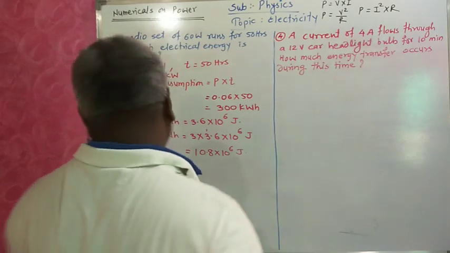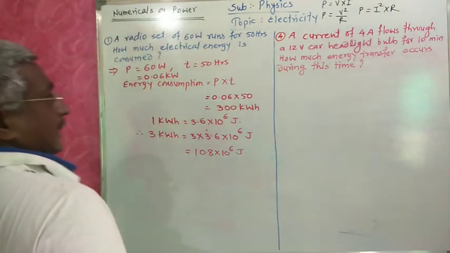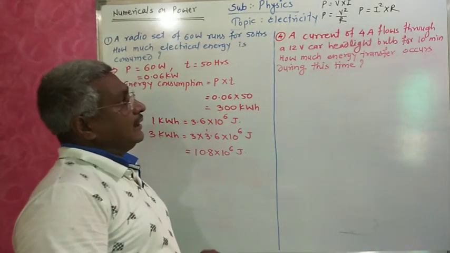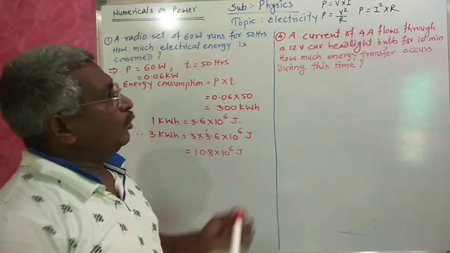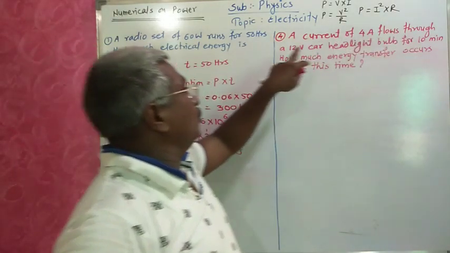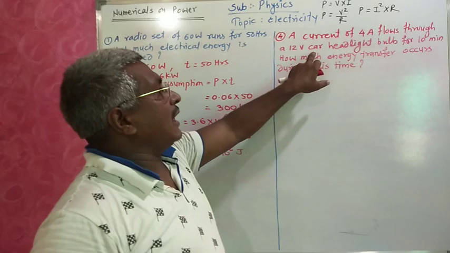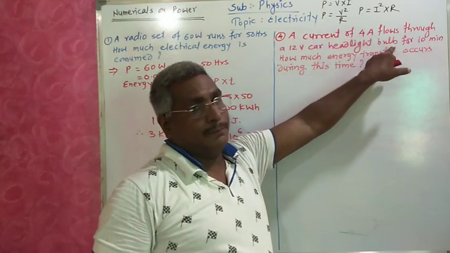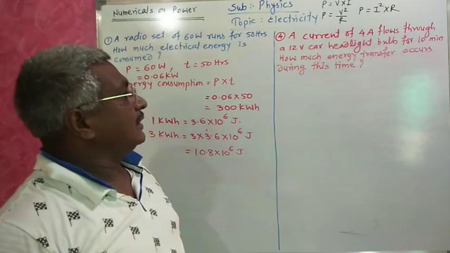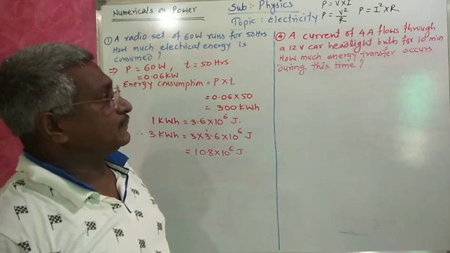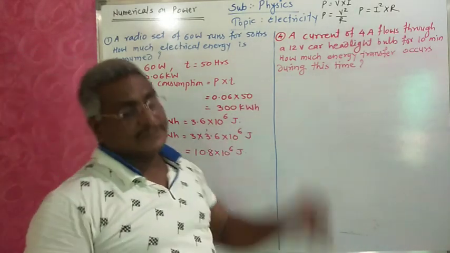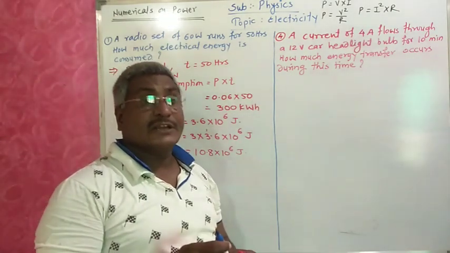So see here what they ask. A current of 4 ampere flows through a 12-volt car headlight bulb for 10 minutes, how much energy transfer occurs during this time? It means we have to find the energy consumption.